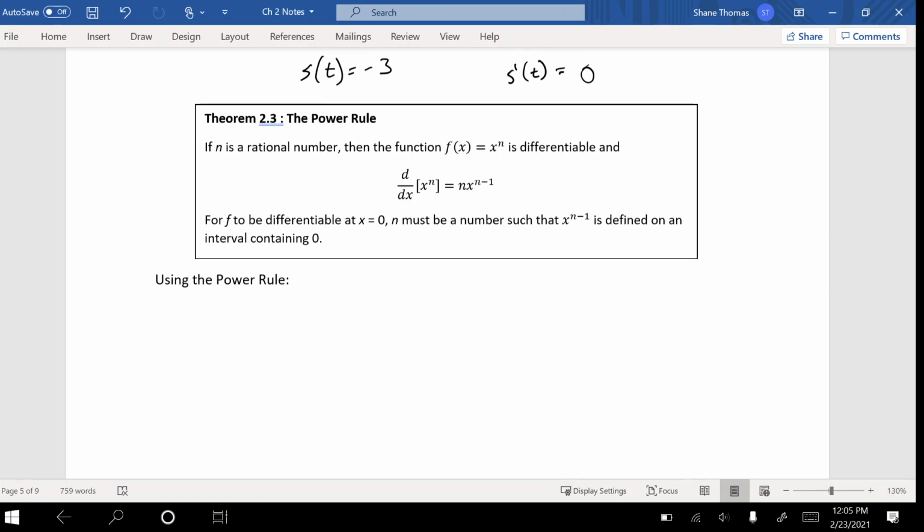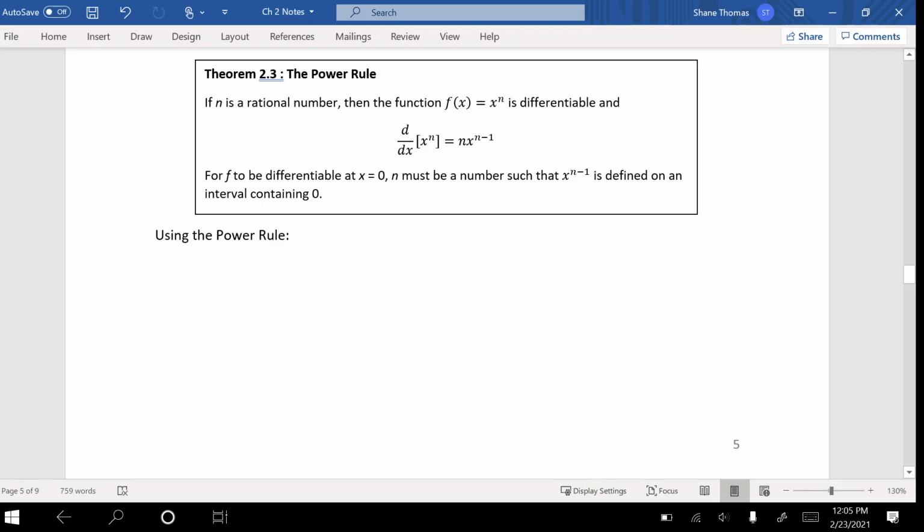Okay, ready? If I have the function f of x equals x to the third, the derivative, what you want to do is take the exponent.